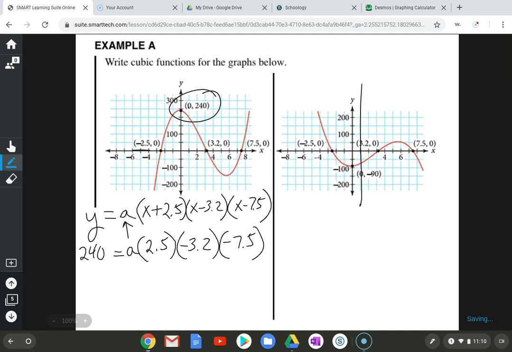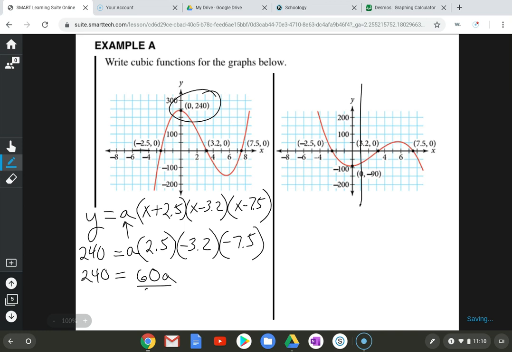And if you multiply all those together and solve for a, which I need to get my calculator. Here we go. So I get 2.5 times 3.2 times 7.5. So I get 240 equals 60 times a, because negative times a negative becomes a positive.